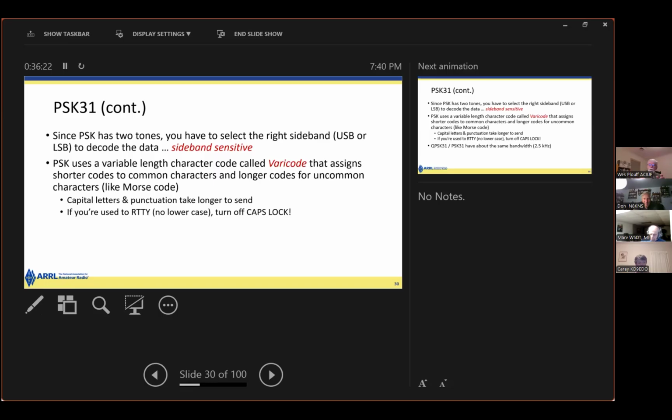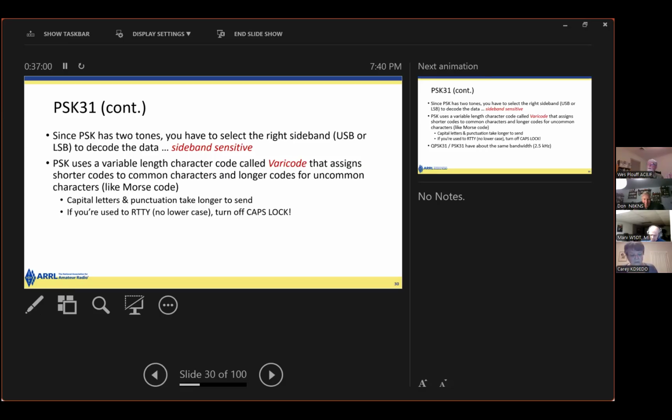The most commonly used characters like E, T, A, I, O, N are transmitted as a smaller number of bits than the less used letters like Q, X, Y, and Z. And also the capital letters and punctuation are transmitted using more bits than the most common letters.